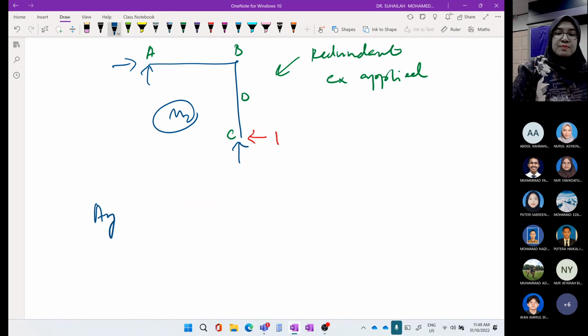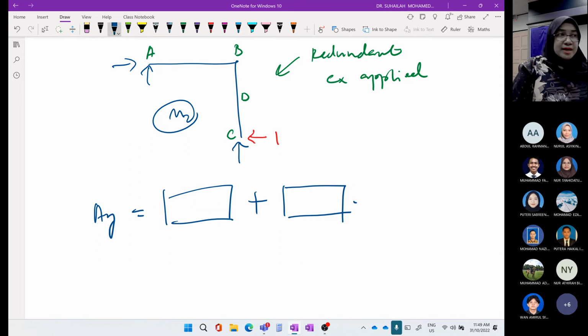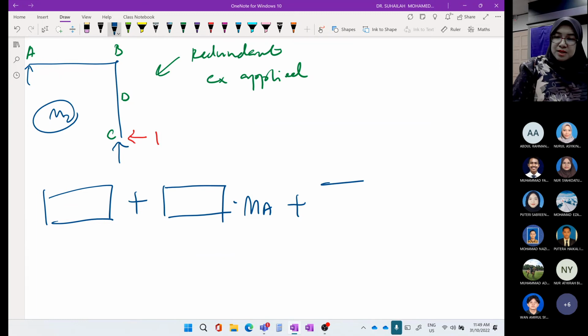For AY, for example, there is the primary, plus redundant 1 which is MA times its effect, plus another AY for redundant 2, which is CX.